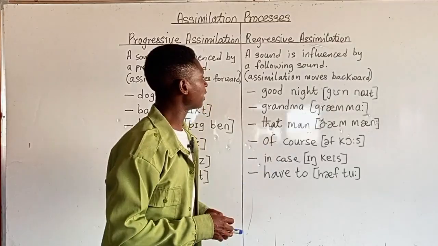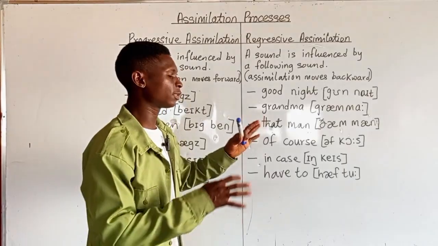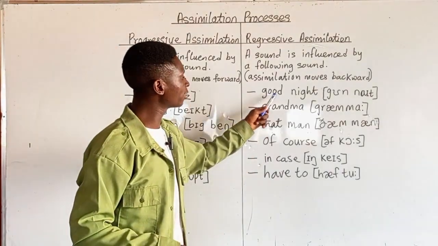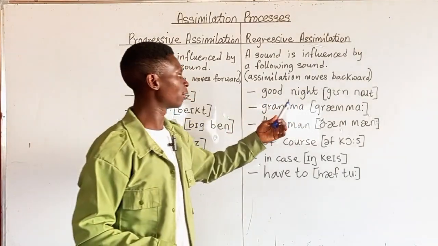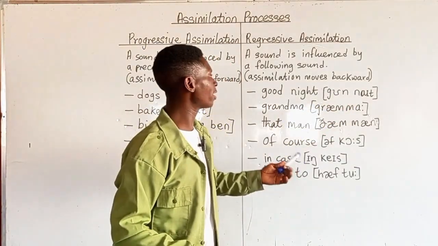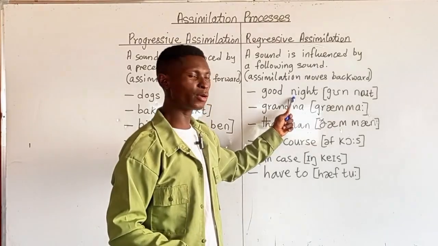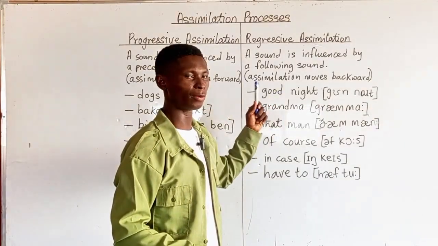Okay, so let's consider good night. If you want to say this slowly, you can say good night. But in connected speech, you say good night. What is happening here? The sound here affects the d sound.